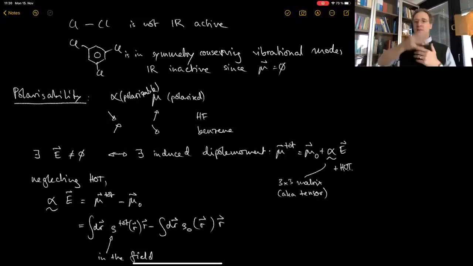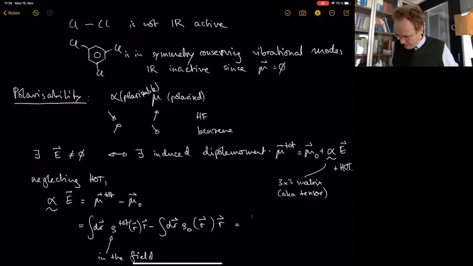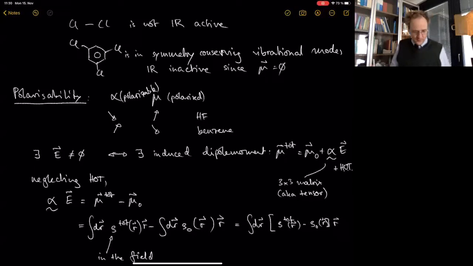Now these integrals go over the same domain. It's the same molecule somewhere in space, and they also live on the same grid, so you can factor them out. And what you're left with is the integral dr of rho tot minus rho 0 times r. So this is really the change in the electron density that is induced by the field.